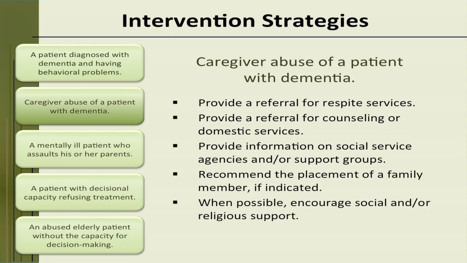If we have a caregiver who's abusing an older adult, and it is not necessarily intentional and is more associated with burnout, maybe Adult Protective Services can come in and provide some sort of help that could take some of that burden off the caregiver. We could recommend the placement of a family member if indicated, and when possible we could encourage social and or religious support, because a lot of times having older adults continue to do things they've done all their life helps reduce some of that potential for abuse.